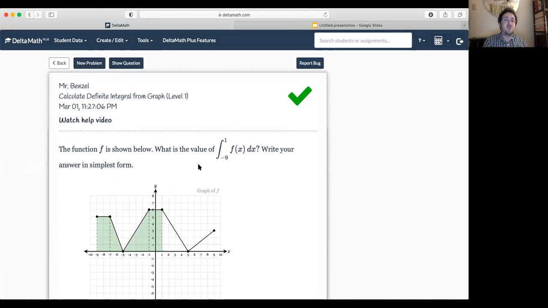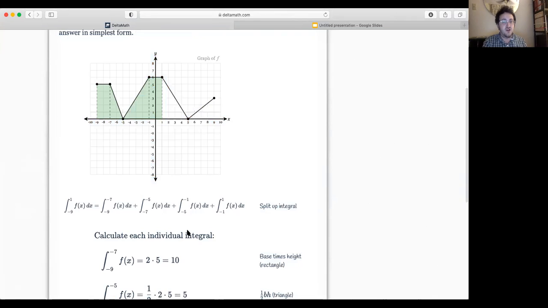So we did trapezoids. You could also, one thing that I kind of like about the way that Delta Math does this is it actually breaks it into smaller integrals. So if you are studying the solutions, you can actually break it into those smaller integrals and kind of break them into those problems, and they will actually help you with properties of integrals.